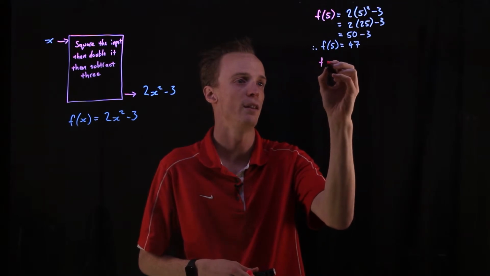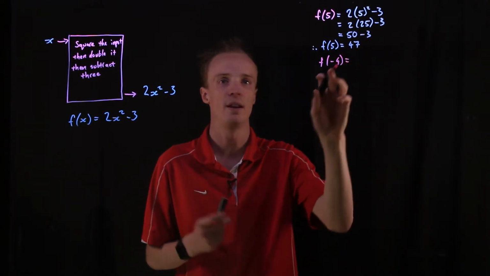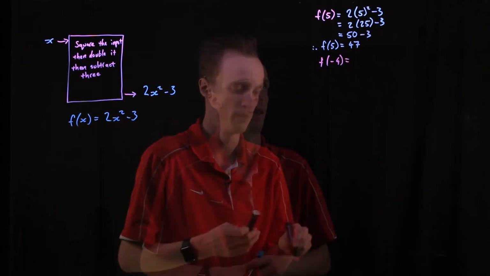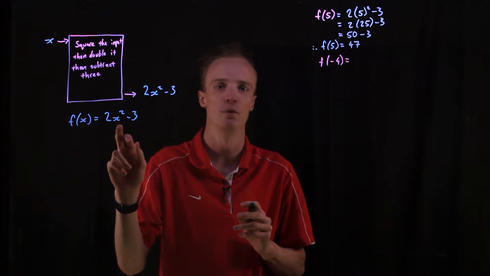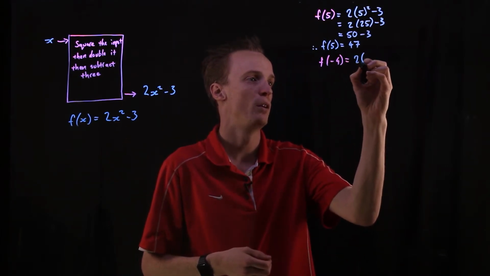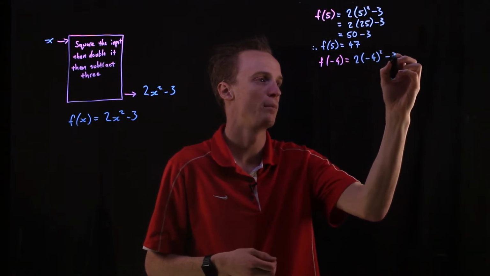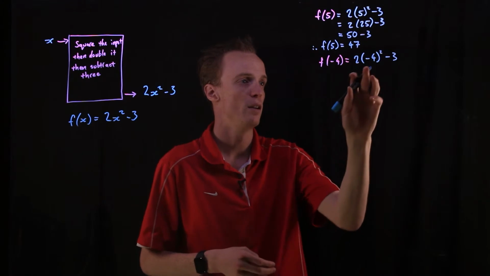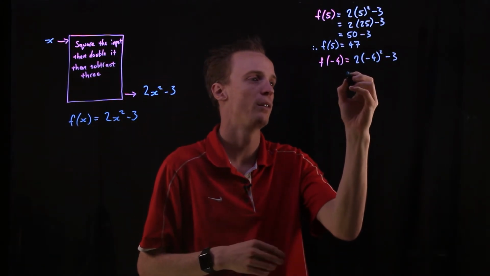Let's try another input. Let's try the f of -4. So inputting -4 into my function machine, I can just substitute -4 where I've got my x. So this will be 2 multiplied by my -4 all squared, subtract my 3. Now we'll have to square it first, which is what my function machine actually wants.